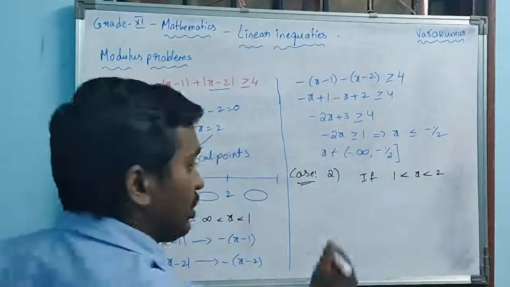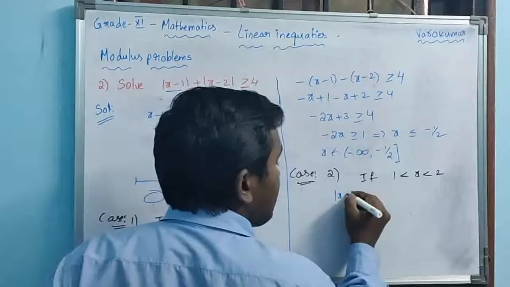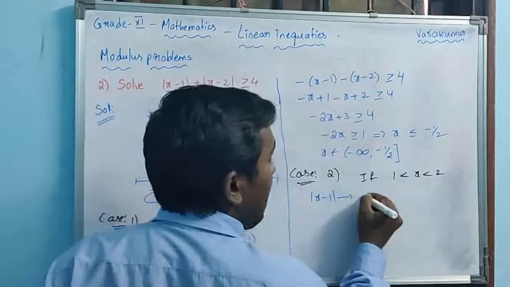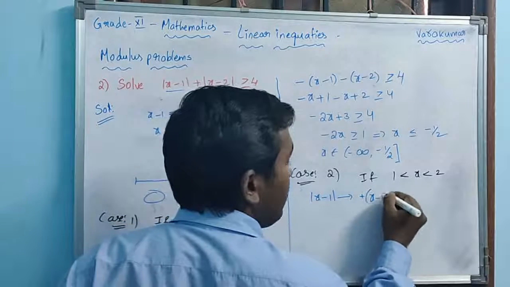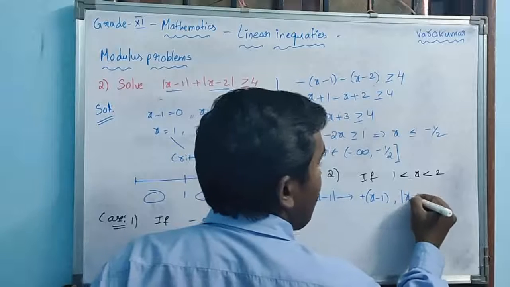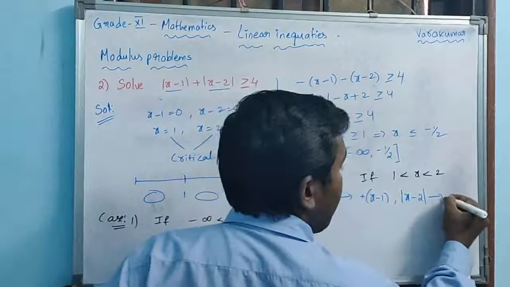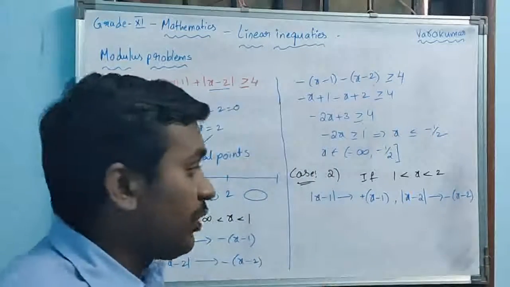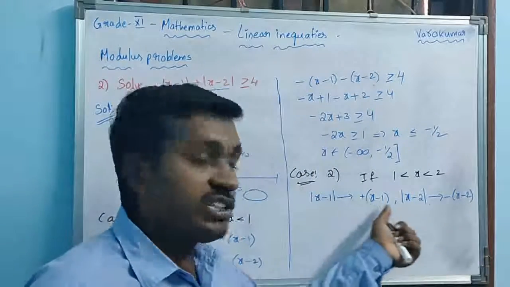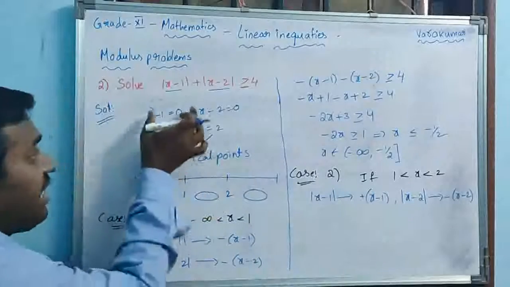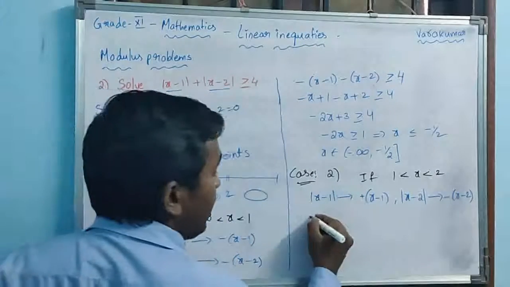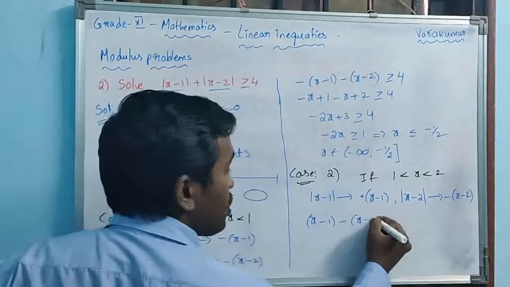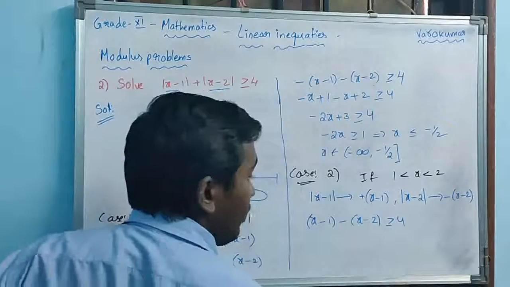So it is positive. So |x - 1| is going to be positive, x - 1, and |x - 2| is going to be -(x - 2), because x - 2 is negative and x - 1 is positive. So writing everything in this, we get (x - 1) - (x - 2) ≥ 4.